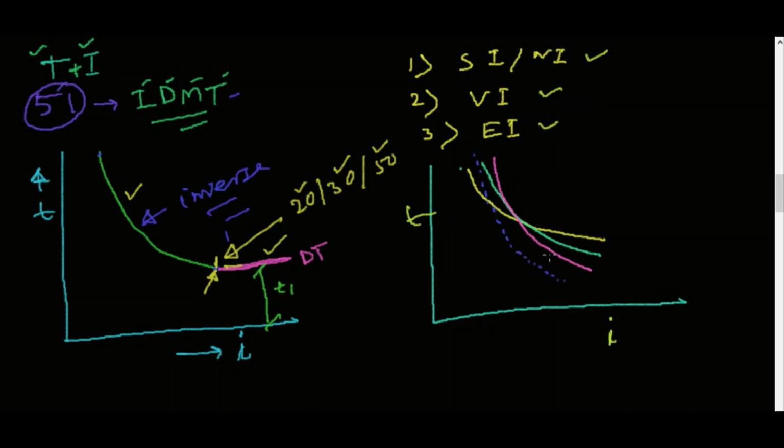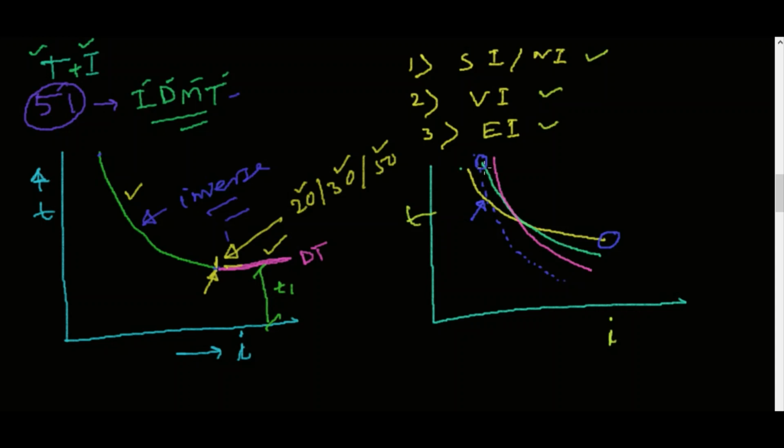Then definitely the normal inverse will not be applicable, because there is a crossing here, and probably due to fouling we cannot select the very inverse curve either.